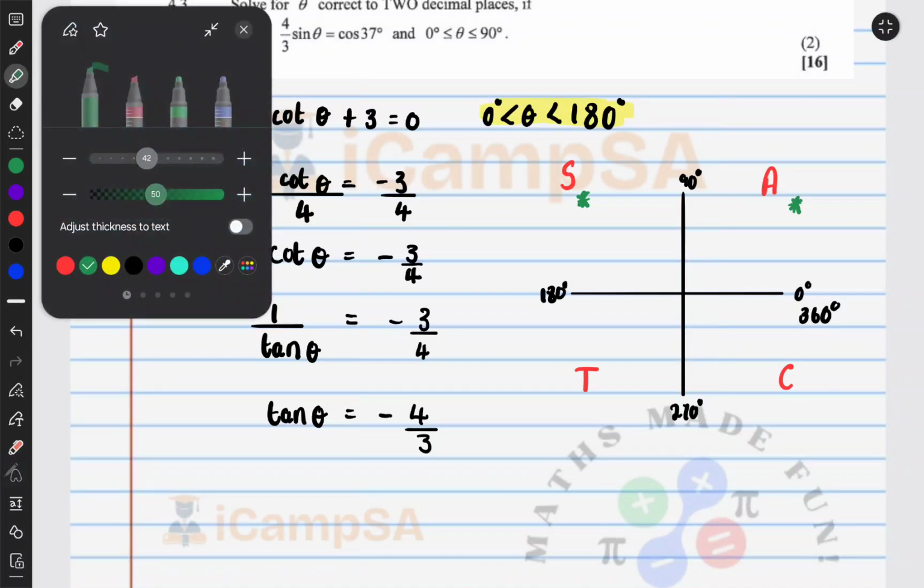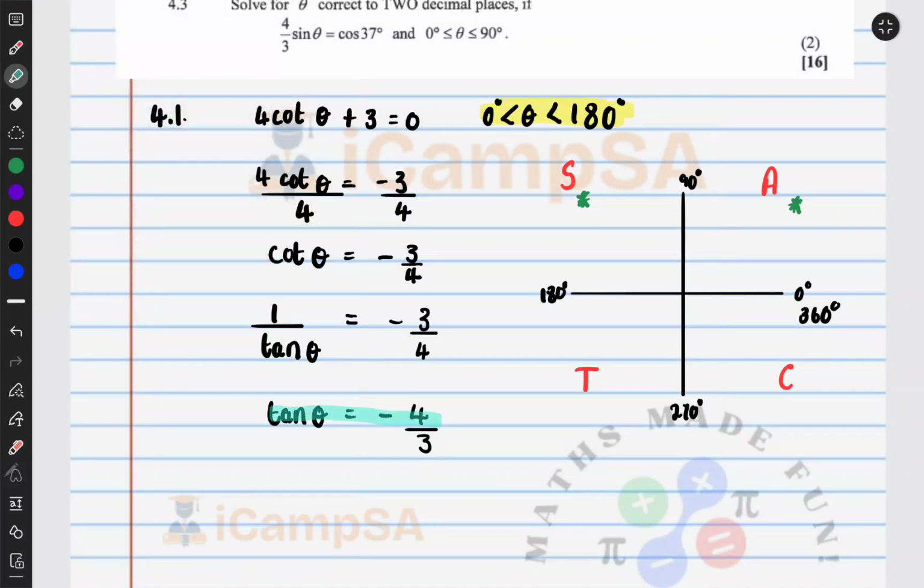Let's come here now to what we have. We have tan theta being equal to negative 4 over 3. So we have to look for the areas where tan theta is actually negative. First thing first, in the first quadrant all trigonometric ratios are positive, so tan theta is positive.